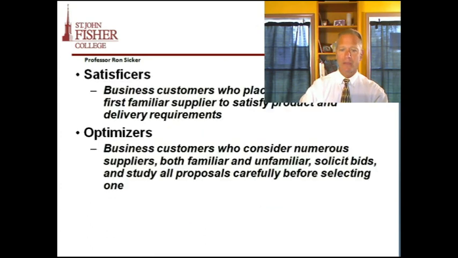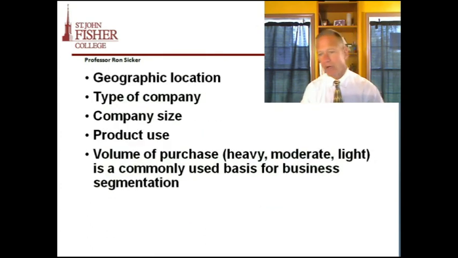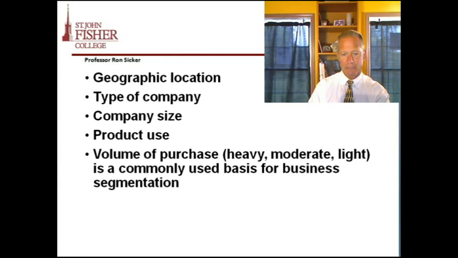So the company characteristics we're talking about start with geographic location. Oftentimes, business customers are segmented by geographic location because the main marketing thing that we do for business to business is we have a sales force. So by segmenting by geographic location, it makes your sales force more efficient, and it also saves money on your sales force.